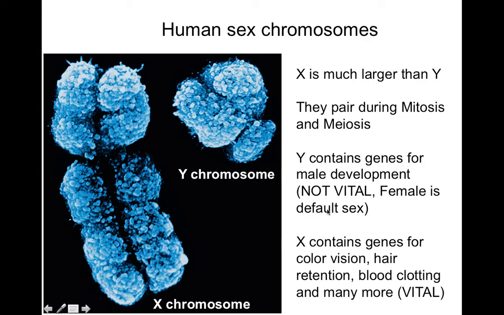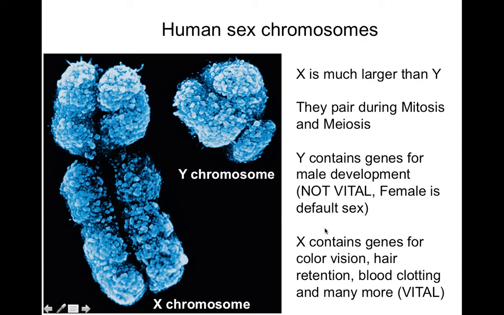Again, Y contains genes for male development, and as it turns out, it's not vital. If you don't have the active SRY gene, even if you have the Y chromosome, you're going to become a female. Or if you don't have the Y chromosome at all, you just have an XO, again, it's not going to be lethal. You're going to just have a female birth. Again, in that case, you're probably going to end up with some issues with reproduction later on in life, but it's going to be a viable defect.